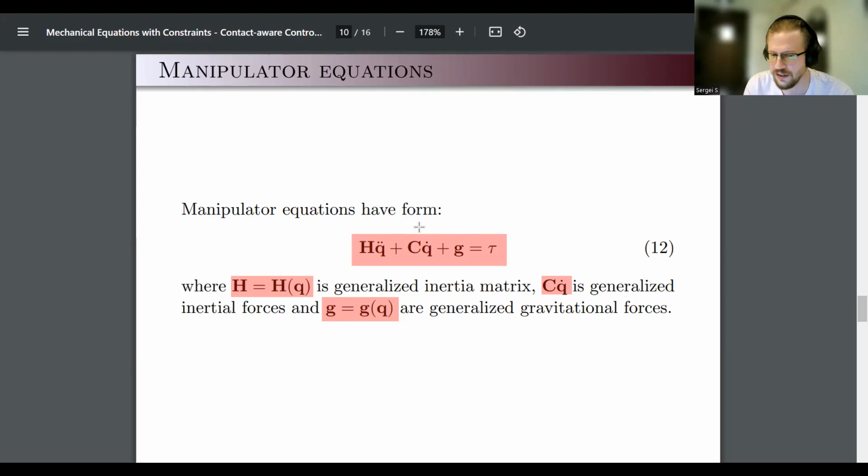Sometimes people do that. But I'm trying to stick to as conventional a representation as possible just to make it cleaner. This form is very useful for people who do parameter identification, adaptive control, and so on. Even some trajectory planning methods. But for us, it's not very important or critical to have this form. Okay, good. So these are the manipulator equations.